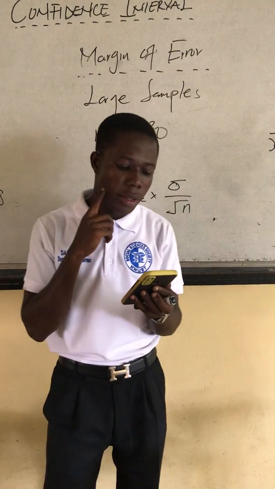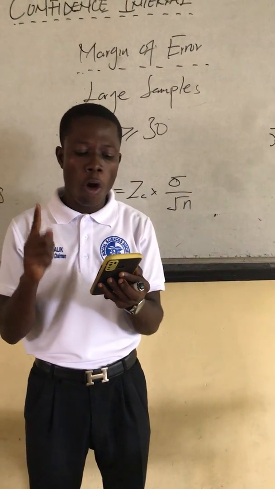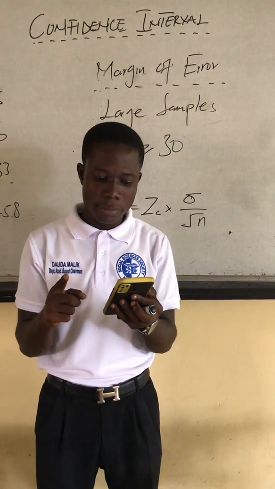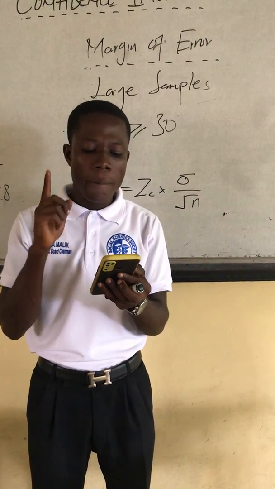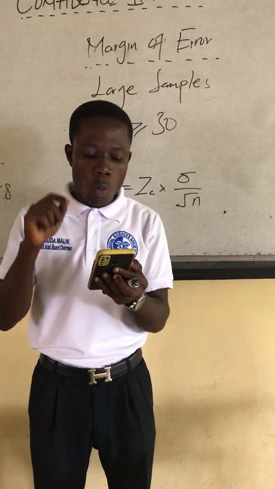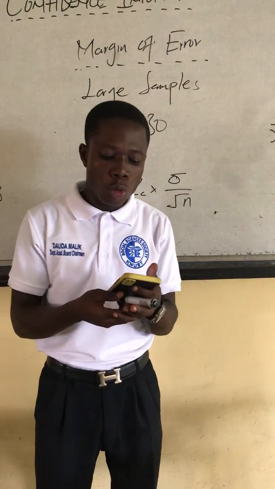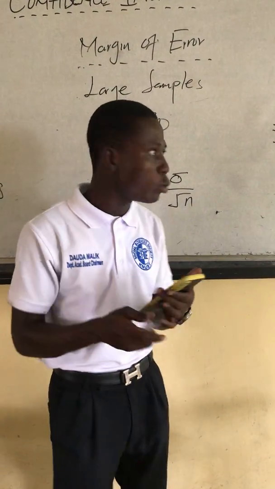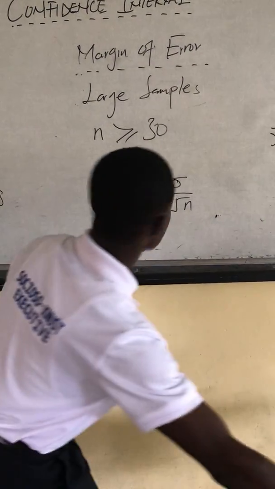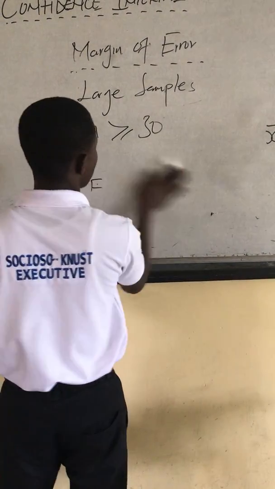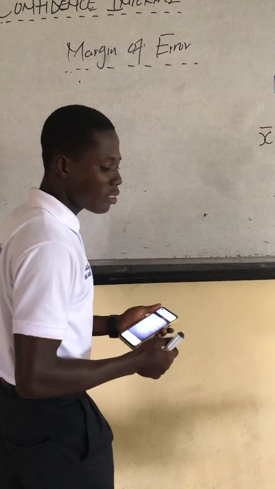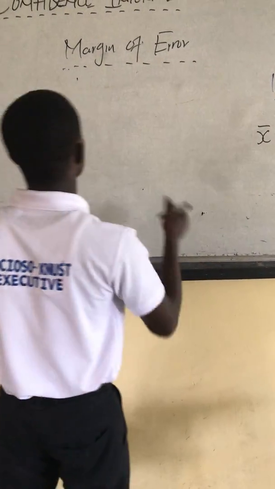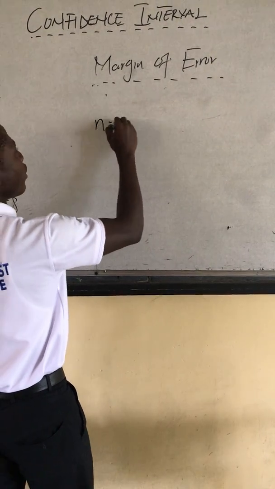Listen to the question. A random sample of 42 textbooks has a mean price of 114.50. So our n is 42.